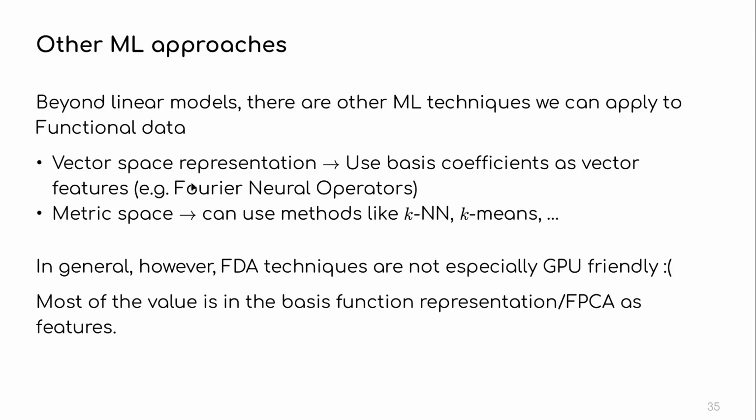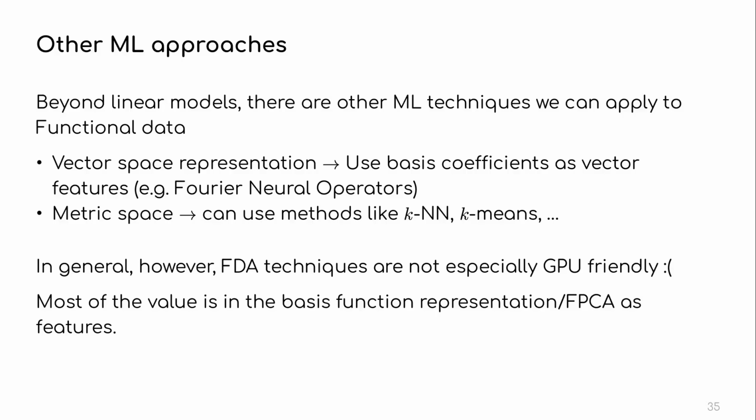These are a specific network architecture for PDEs, and as part of their architecture, they take the data, transform it in the Fourier basis, and apply some layers to the Fourier features. So it's exactly this functional data approach. Other stuff we can do because we have a metric space, right? We have a norm. We can do stuff like KNN, K-means, and so on. You only need that basic structure and it works.